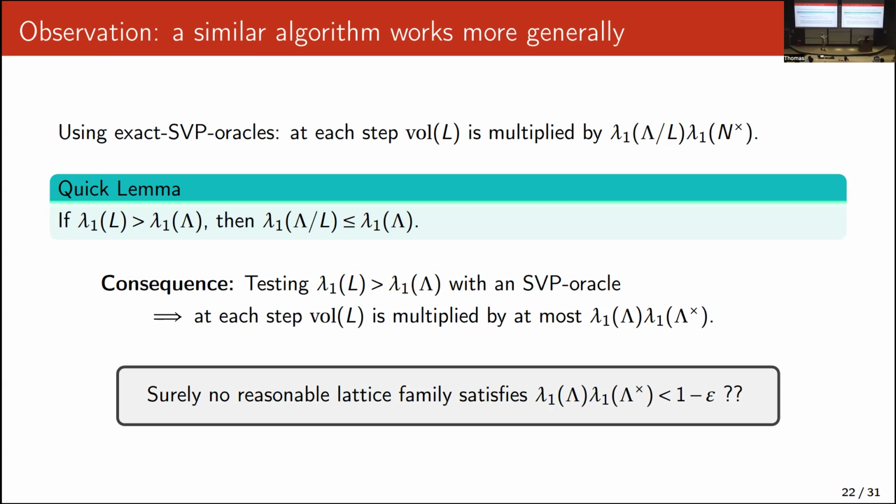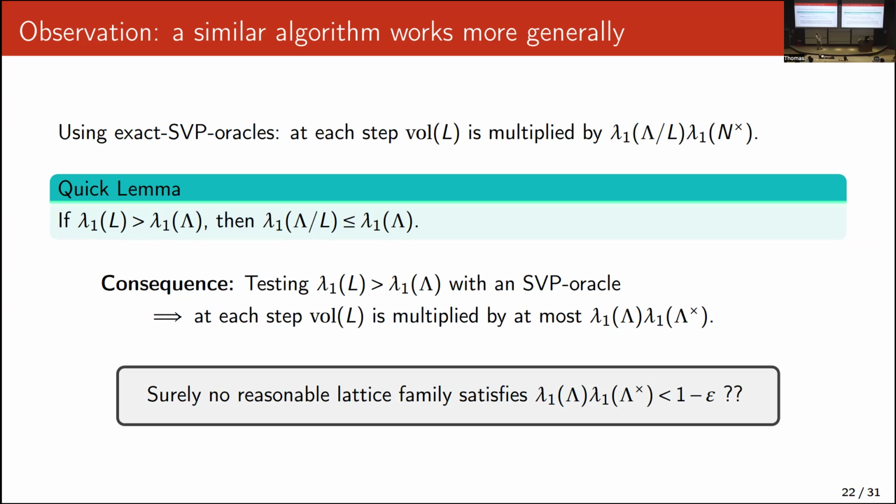So effectively, if I can test that the sublattice doesn't have a shortest vector using an SVP oracle in dimension n over 2, then at each step, the volume will be multiplied by at most lambda 1 of lambda. And because I can do the same thing on the dual side, times lambda 1 of lambda dual.